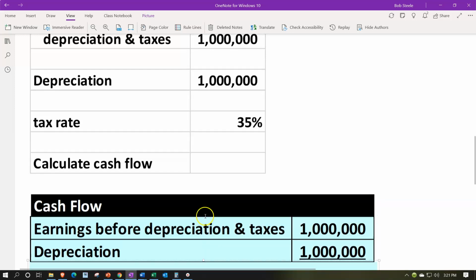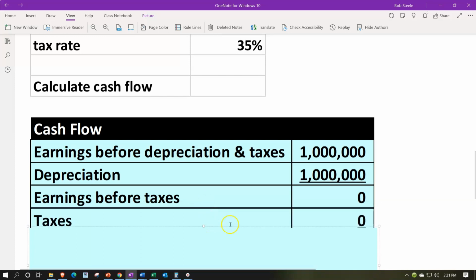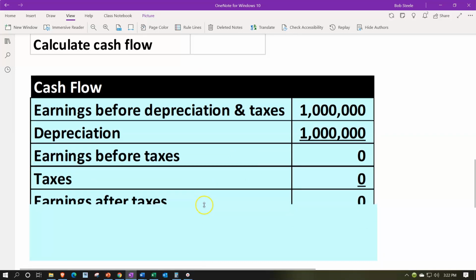Now we take the depreciation, also 1 million, and that's going to be subtracted. The only reason we are subtracting it in this cash flow calculation is not because cash is affected, but because it has a tax impact. Then, of course, our earnings before taxes, taking into consideration the depreciation, is 0, times 35% we get 0. And then we have our earnings after taxes, which is still 0.